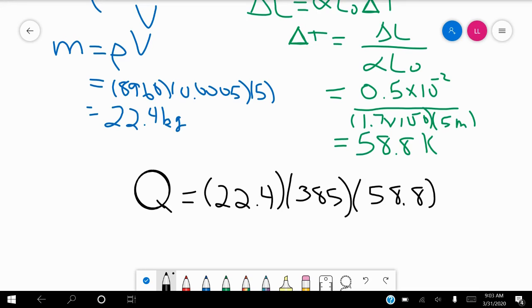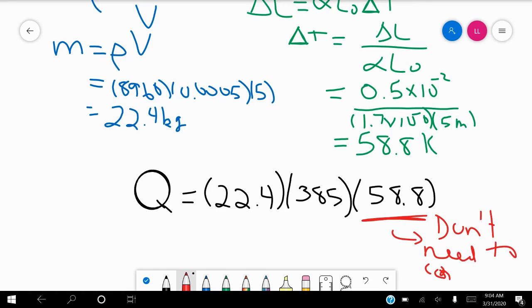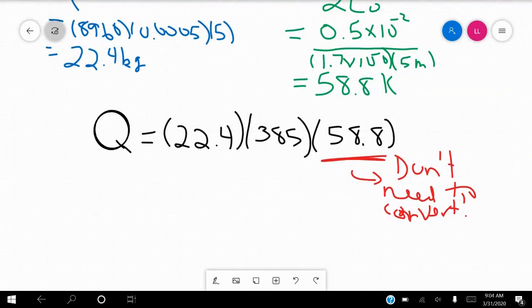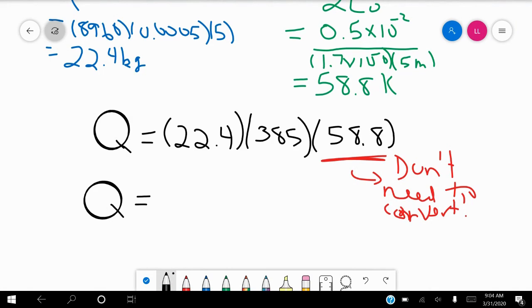Now remember, with the change in temperature, you don't need to convert, because a change in Kelvin is a change in Celsius. So you don't need to convert, even though in our previous equation the answer was in Kelvin. So the amount of heat that we need to add is 5.1 times 10 to the 5th joules.